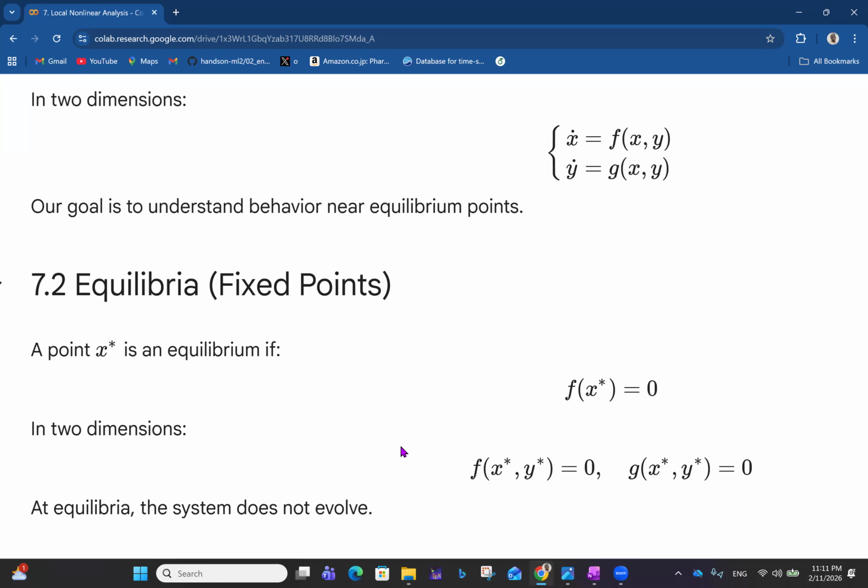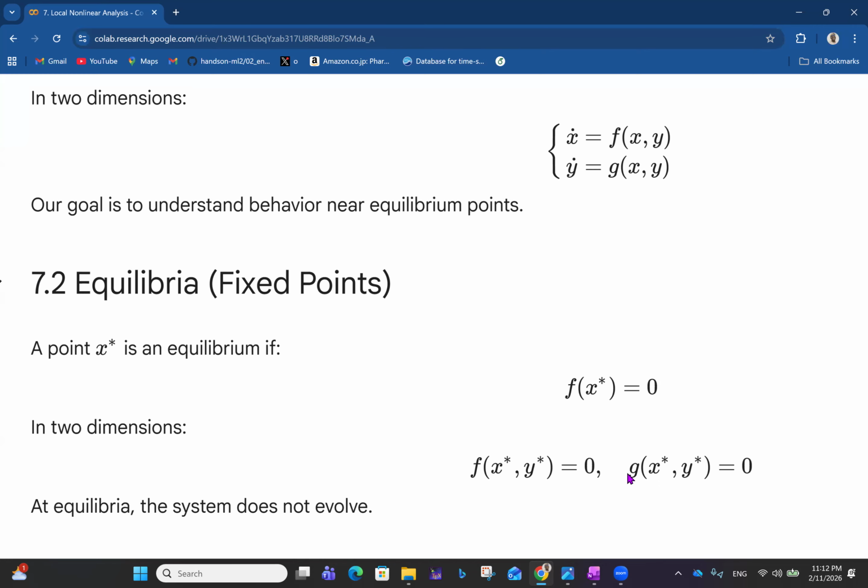So in two dimensions, we have that f of x star comma y star is equal to 0, and g of x star comma y star is equal to 0. So at equilibria, the system does not evolve. The system is in a stationary position at equilibria in a dynamical system. That is what you call a steady state.